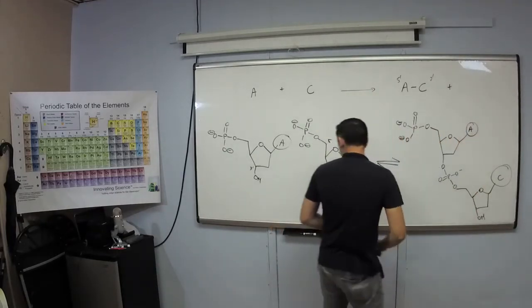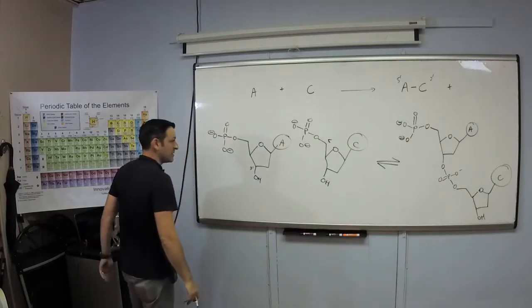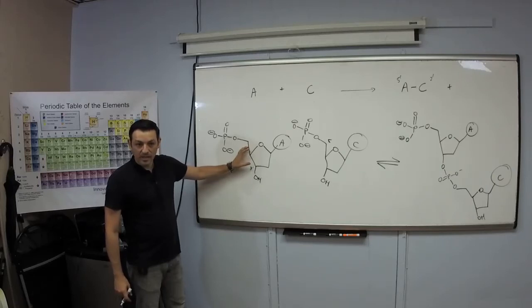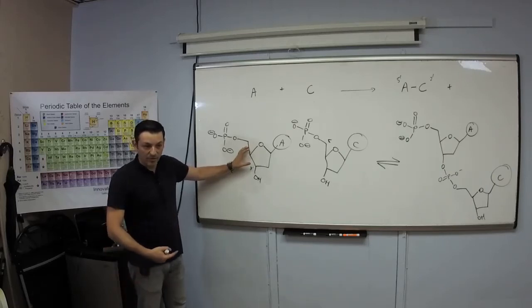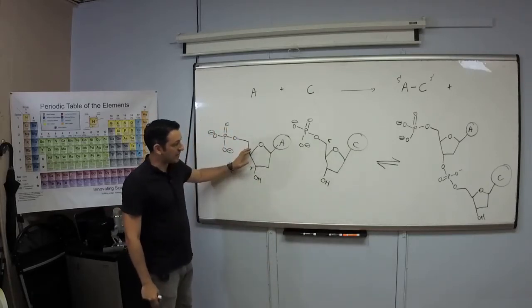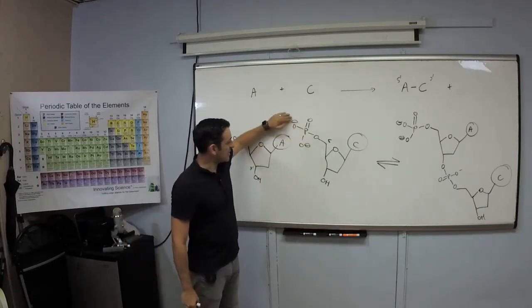The leaving group's not a water. Here's what the leaving group is. So our first molecule is going to be the nucleophile. And the next incoming molecule, the one that's going to become the new 3' end, is going to be the electrophile. But as an electrophile, this is not good enough.